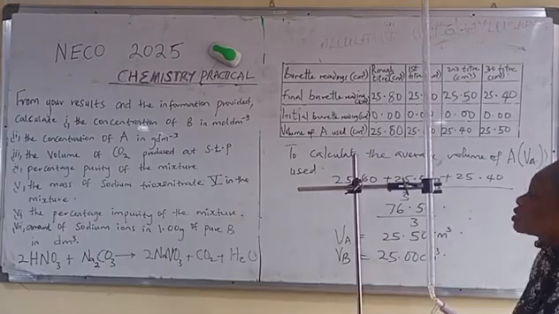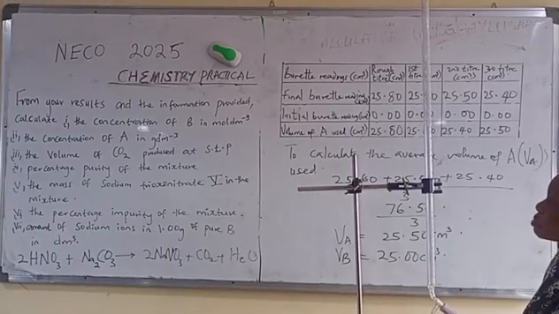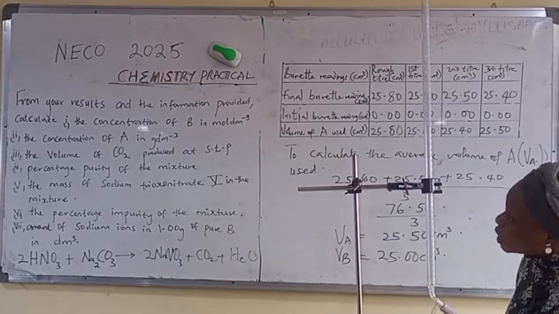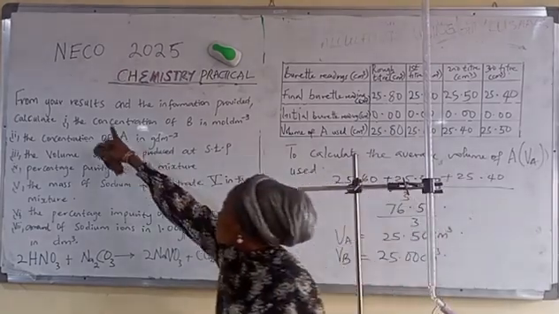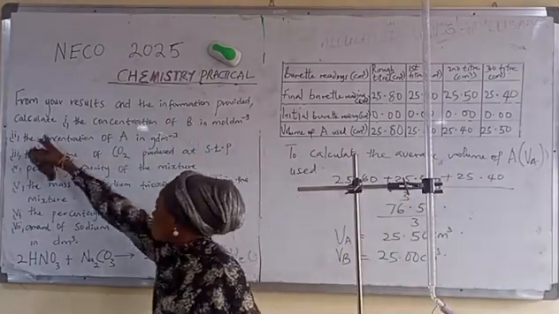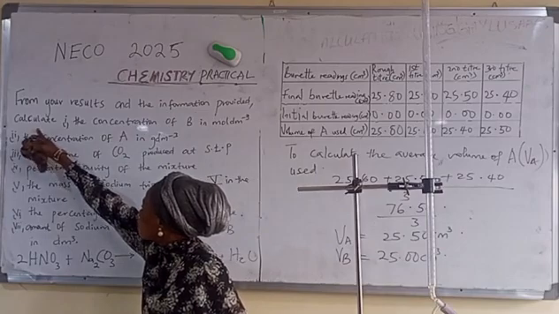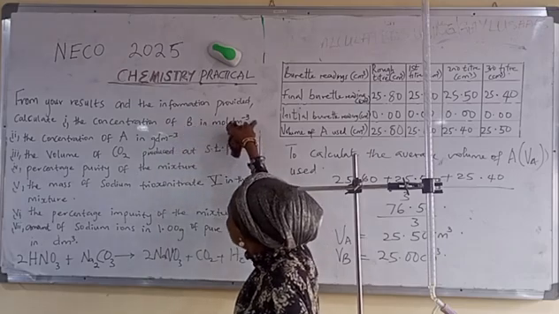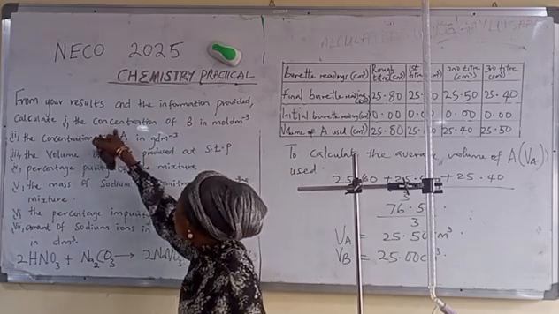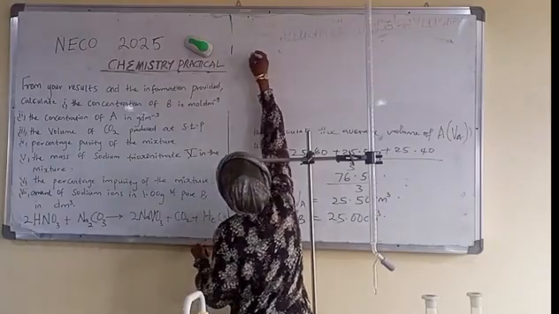Now look at this one. We have a report for you in this preparatory class for your NECO 2025. From your results and the information provided, the question is saying: calculate the concentration of B in mole per dm³. Now I'm calculating this.